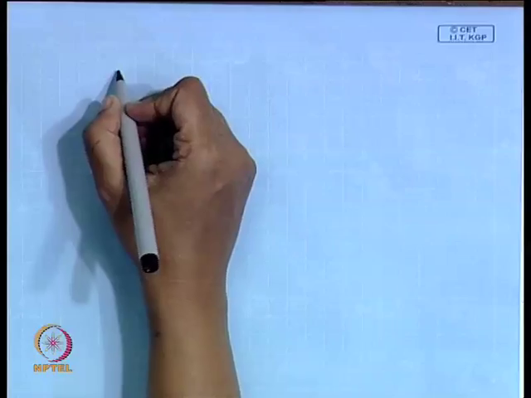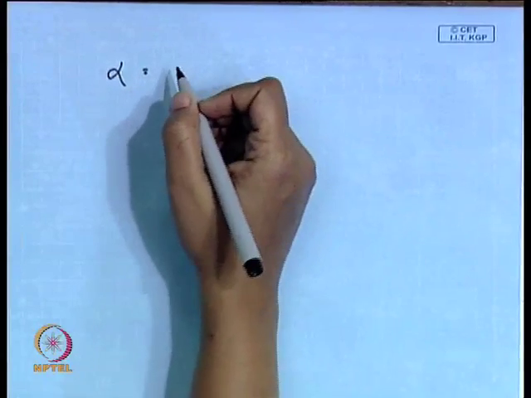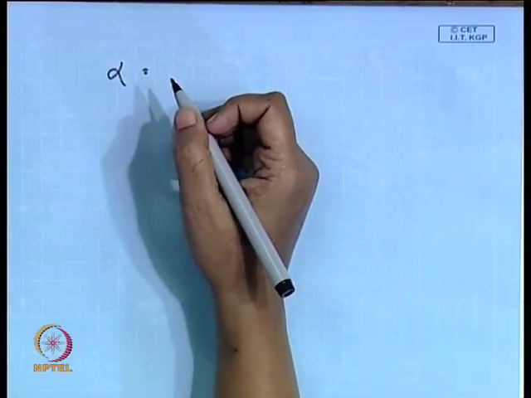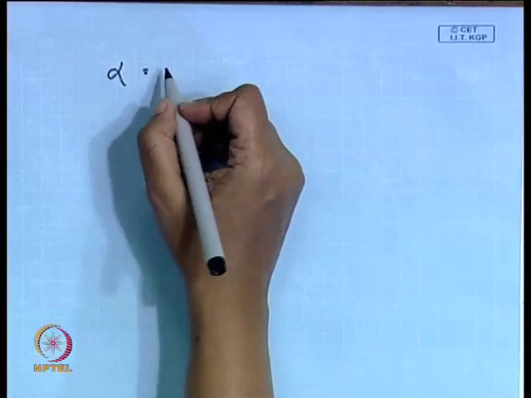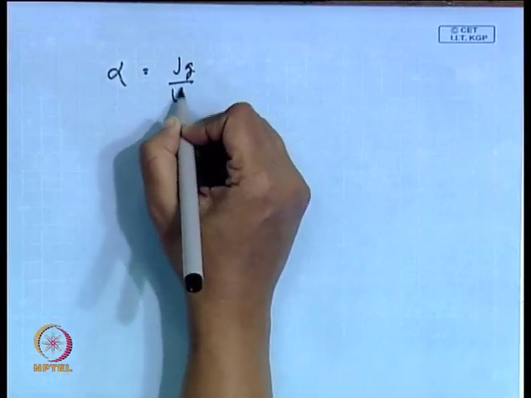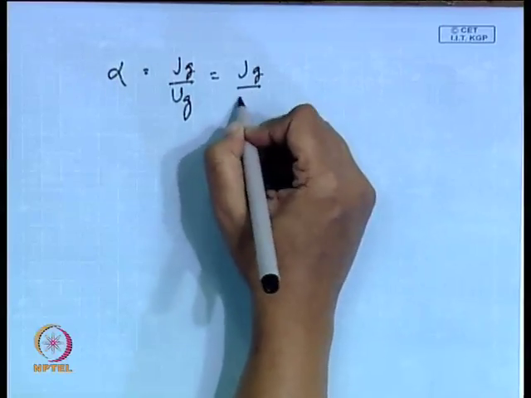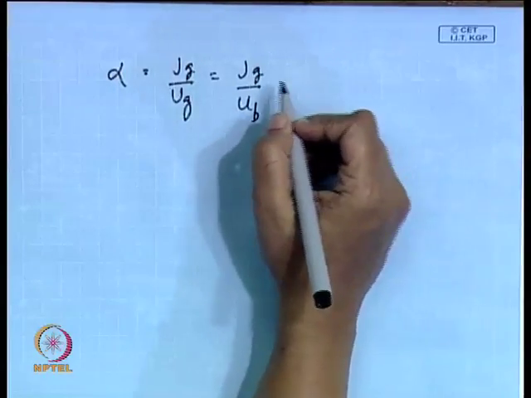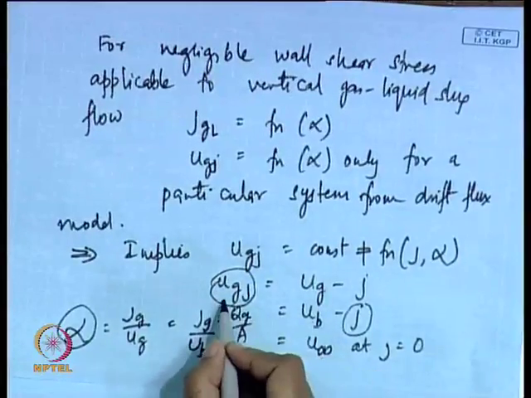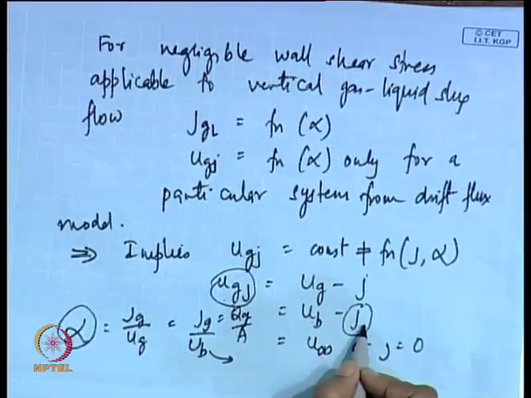So, for finding out alpha, what do we need? As I have told, it is just jg by ug, as I had written down, which is nothing but jg by ub, the bubble velocity. And what is the bubble velocity? Bubble velocity is nothing but ugj plus j, isn't it?